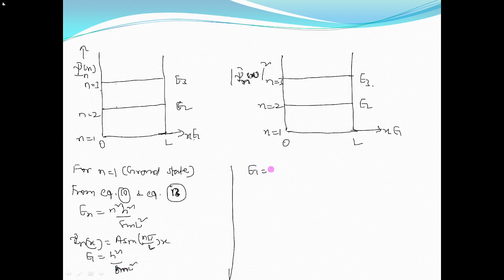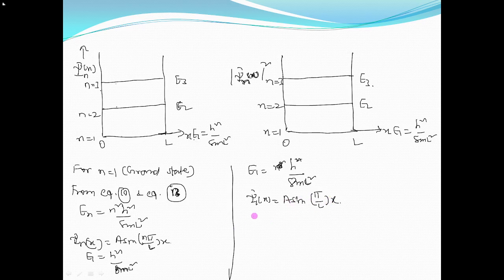So we got E1 is equal to h square by 8ml square. Now psi 1x is equal to a sin, in place of n you keep 1, so pi by L into x.